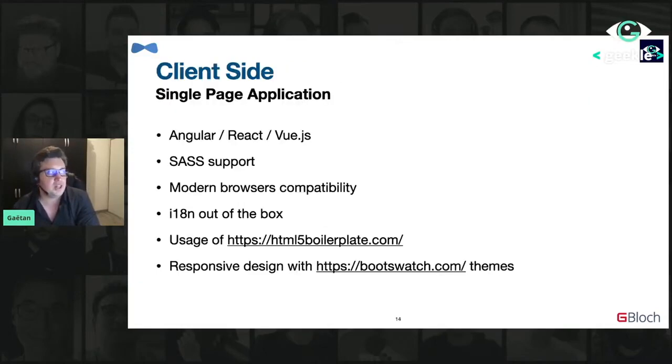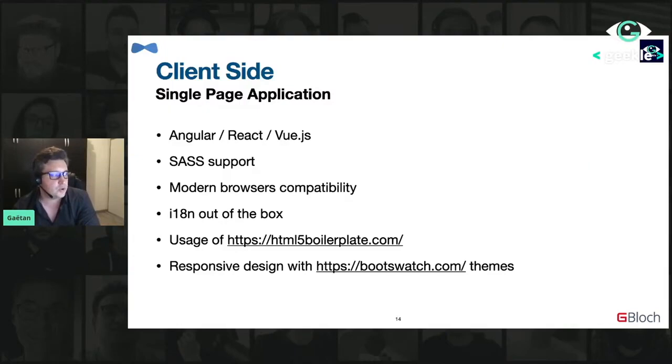So what we have on the client side is a single-page application, although you can also do server-side rendering. You have the top three major frameworks and libraries on the front end, like Angular, React, and Vue.js, fully supported from version 7 of JHipster.